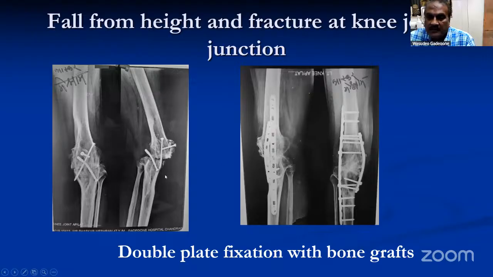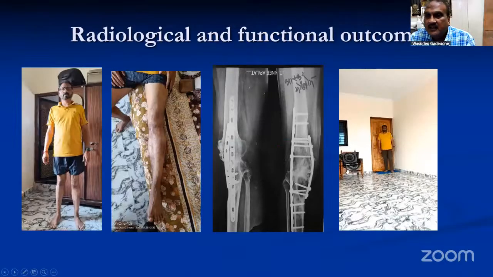So he fell down again from the bicycle, had a fracture in the junctional zone. I did a plating both sides, double plate fixation with bone graft, and then you can see a radiological and functional outcome, everything healed, and patient is still walking. Probably it's nearer to more than 15 years of follow-up.